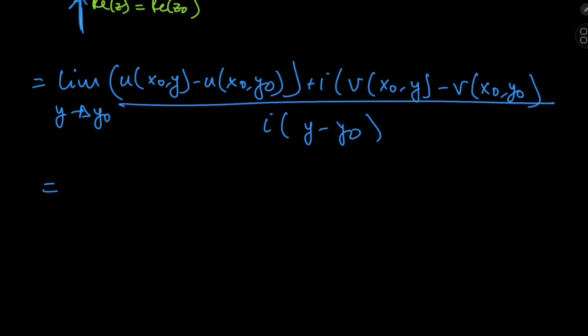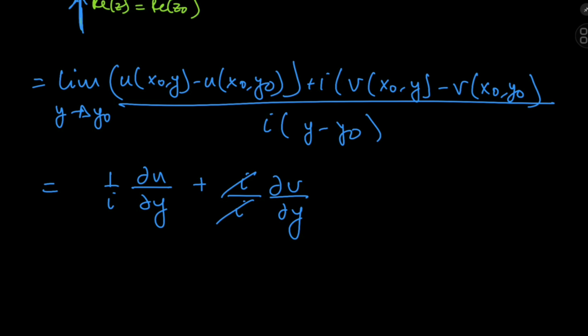So after splitting up the limit, what do we get? We get 1 by i times the partial derivative of u with respect to y plus i divided by i times the partial derivative of v with respect to y. The i's cancel out nicely, and the reciprocal of i is negative i.